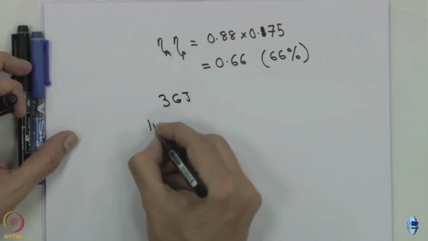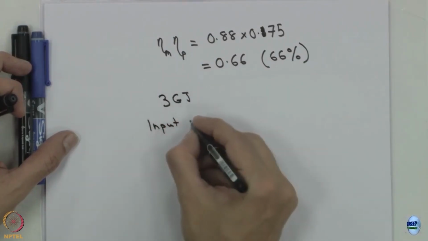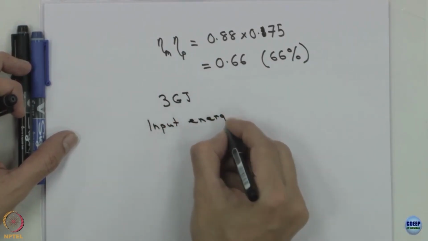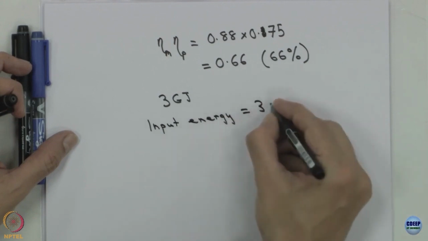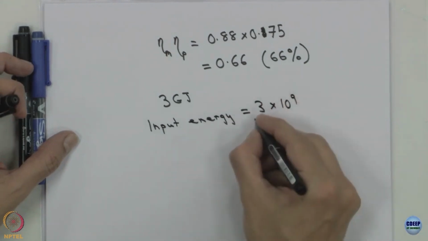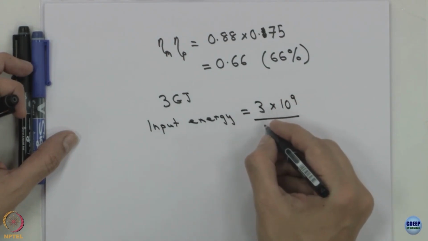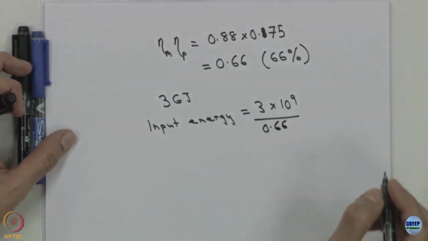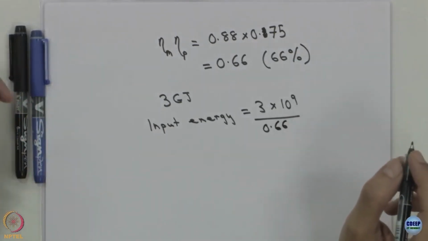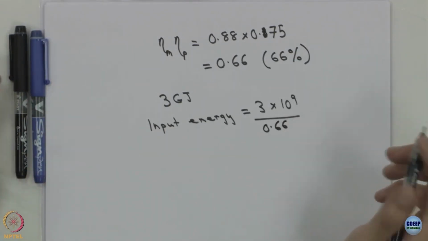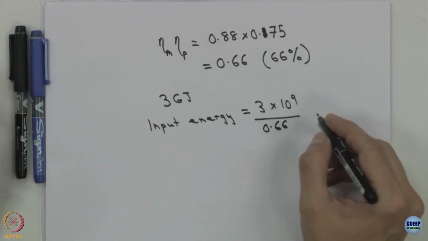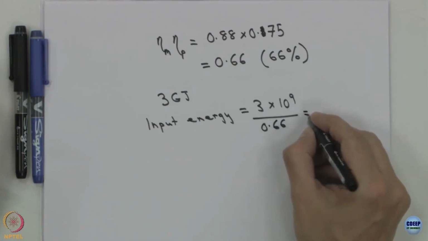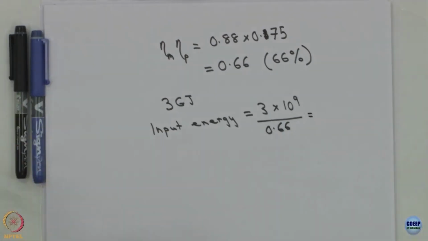The input energy will be 3 into 10 raised to 9 divided by 0.66, right? So if you look at this, we will get the total amount of energy which is being used.